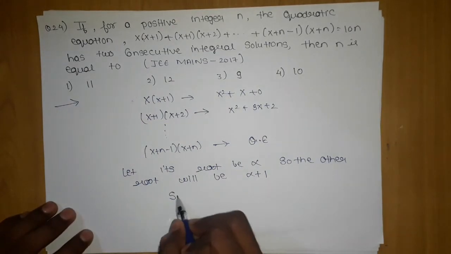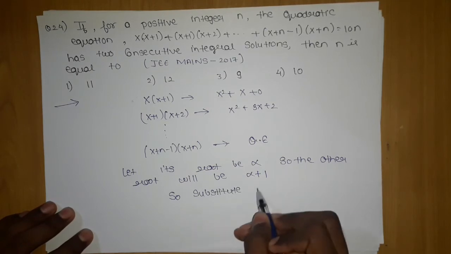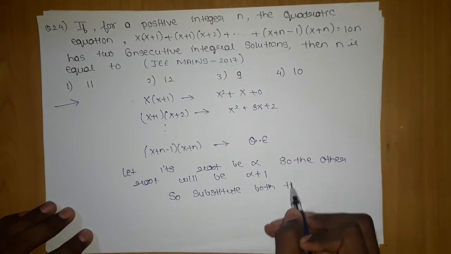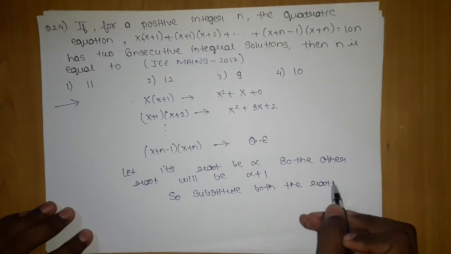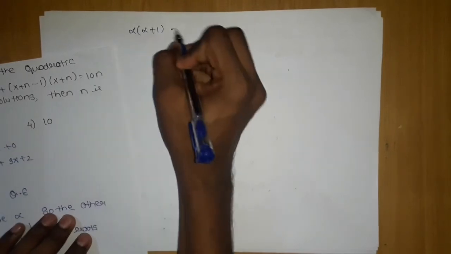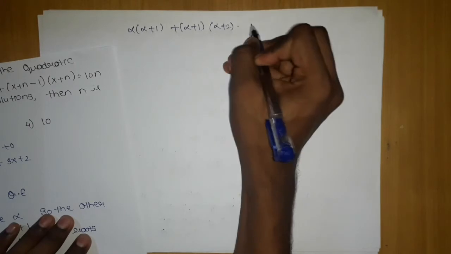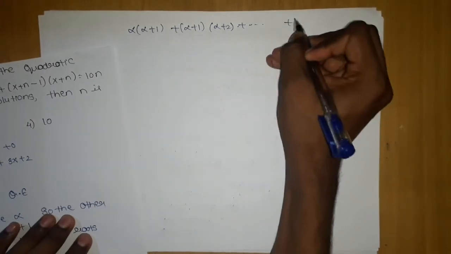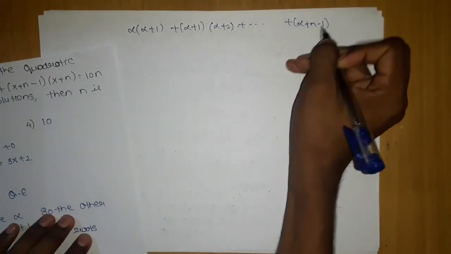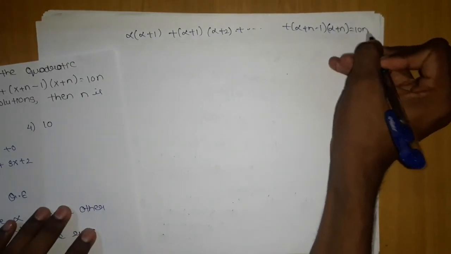So substitute both the roots. The moment we substitute, when I substitute alpha, I will get alpha into alpha plus 1 plus alpha plus 1 into alpha plus 2, and this will go on till alpha plus n minus 1 into alpha plus n equals 10n.